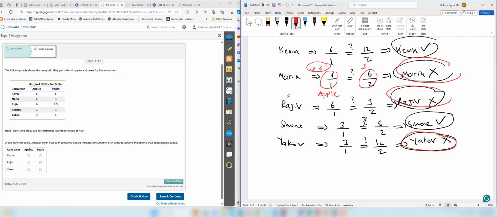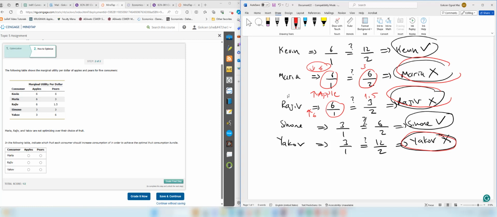For Rajiv, again, he is receiving more utility per dollar he spends on apples compared to pears. He's receiving 6, whereas per dollar on pears it is 1.5. Therefore, Rajiv needs to increase the consumption of apples.